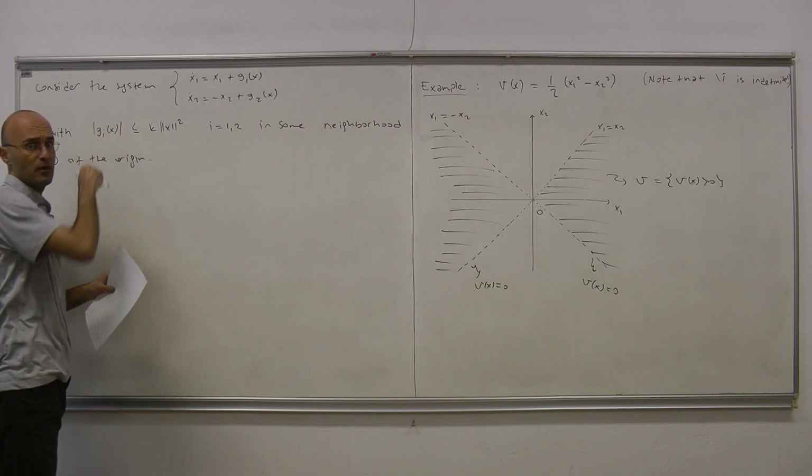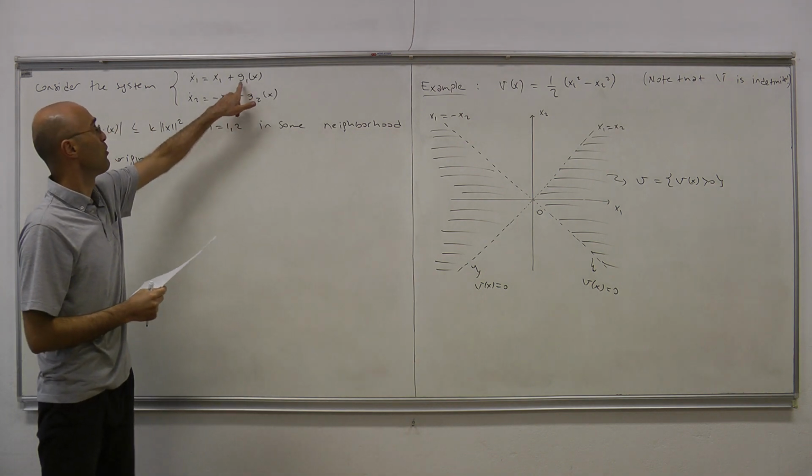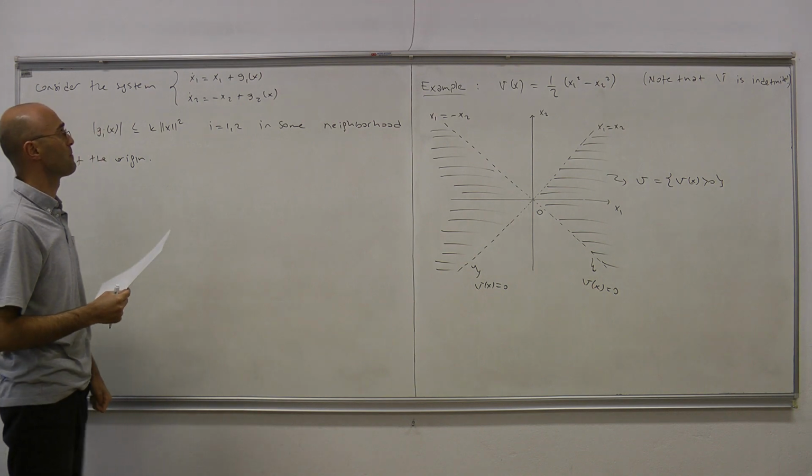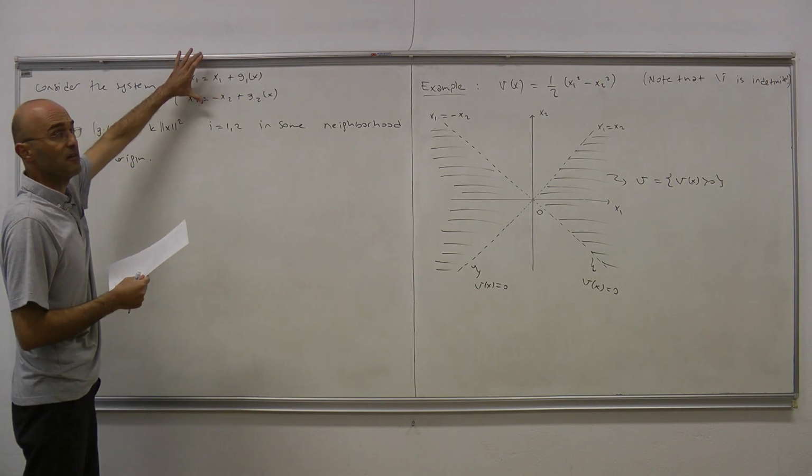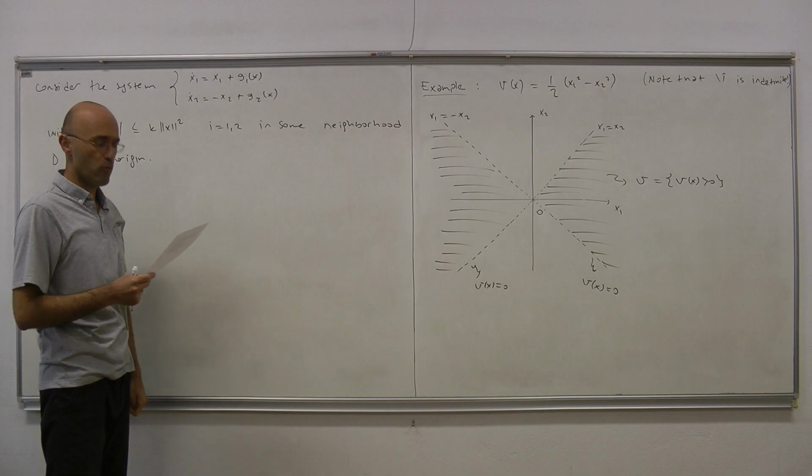If the magnitude is 0, therefore the thing itself is 0. That means both g1 and g2 at the origin must be 0, and that automatically gives us that the origin is an equilibrium point.